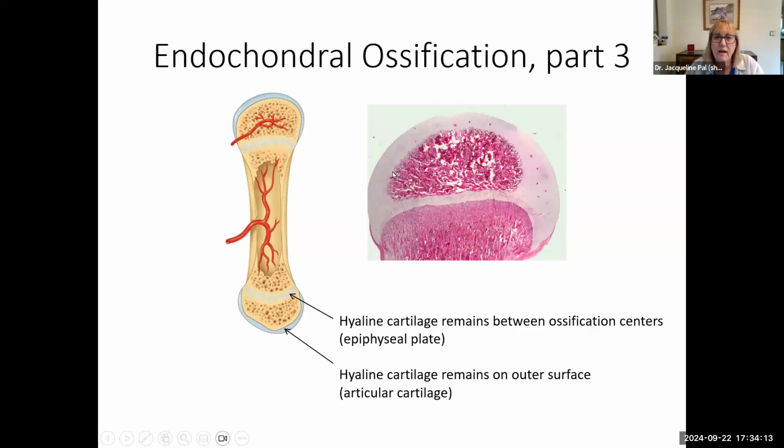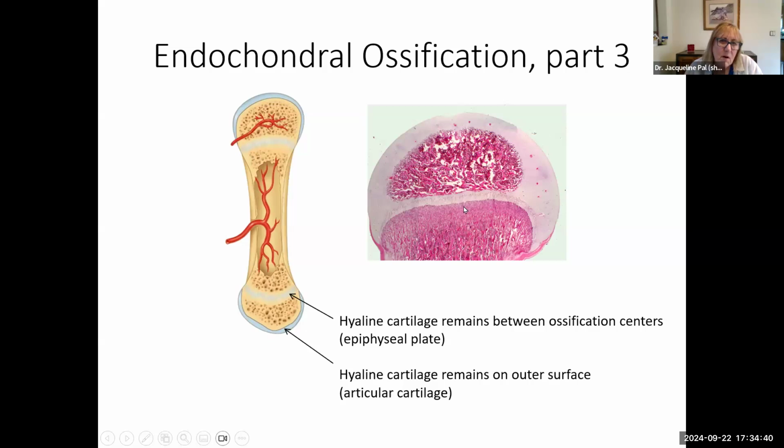So here's what a photomicrograph looks like of this end. We've got the articular cartilage on the end. We've got the epiphyseal plate right here. We've got spongy bone here with red bone marrow with lots of hematopoiesis going on. We've got spongy bone here.